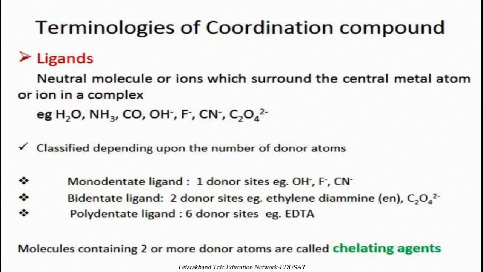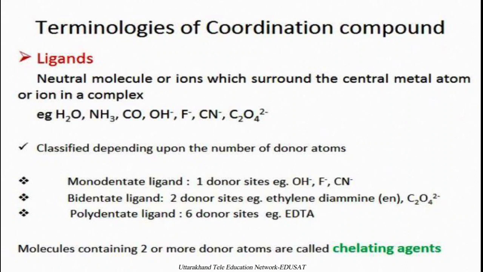In hydroxide ion, we have one pair of electrons that can be used for a coordinate bond between this hydroxide ion and a central metal atom. Similarly, if two donor sites are available, then it is a bidentate ligand. For example, ethylene diamine or oxalate ion.